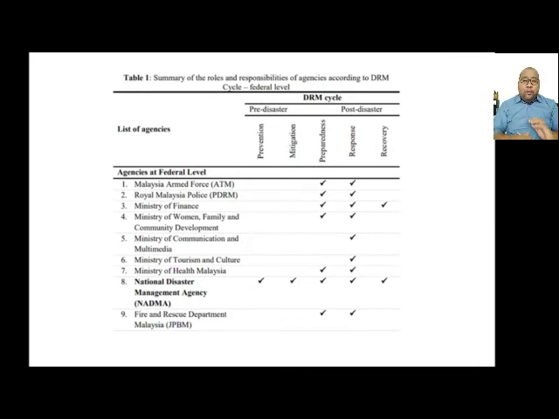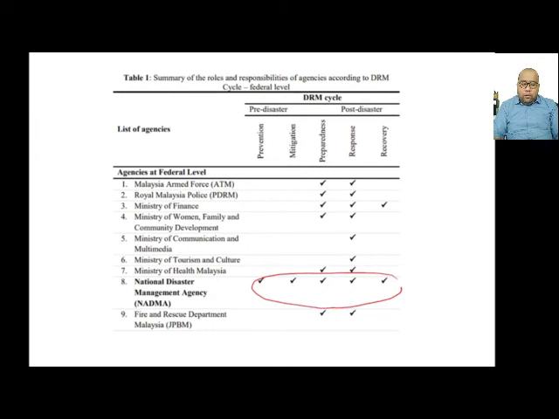And then the post-disaster is in terms of preparedness, and then we have the response, and then the recovery. So you tengok, tak semua agensi yang terlibat dengan semua cycle of the DRM. And as you can see, for NADMA, they suppose contribute to all cycles of the DRM.